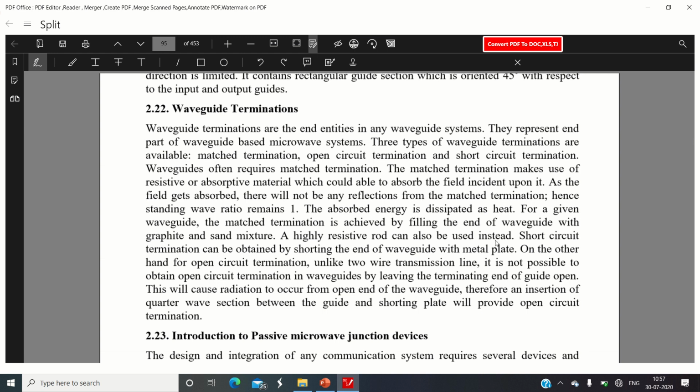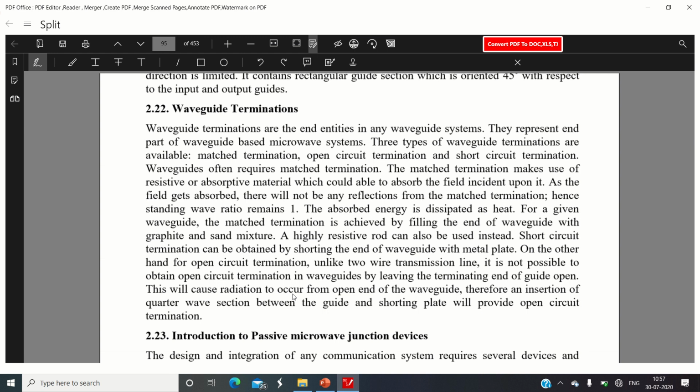On the other hand, how to construct the open circuit condition? Unlike a two-wire transmission line, it is not possible to provide an open circuit in the waveguide by merely leaving the terminating end open. If we keep the waveguide end open circuited, it will cause radiation from the open end.